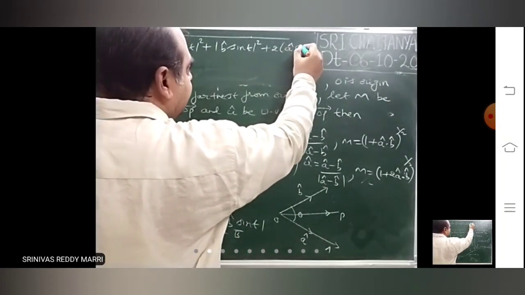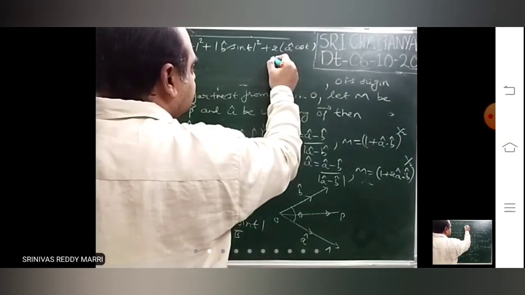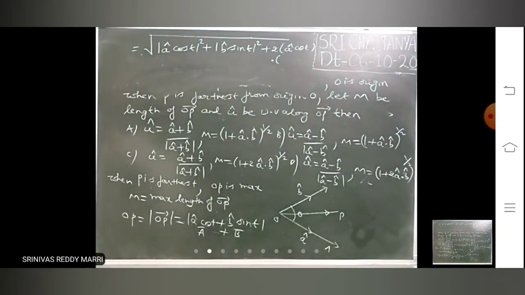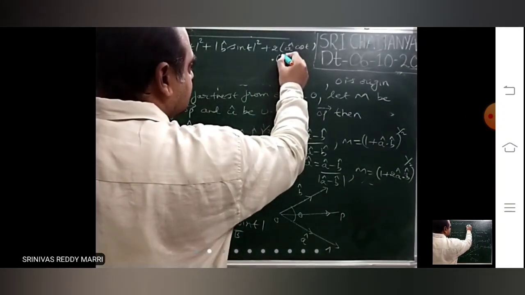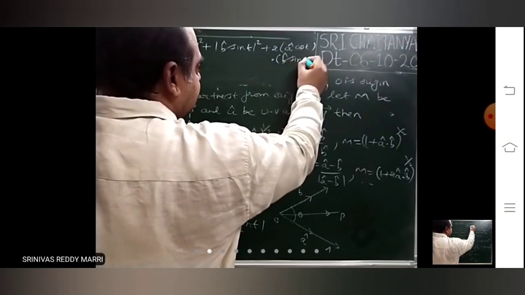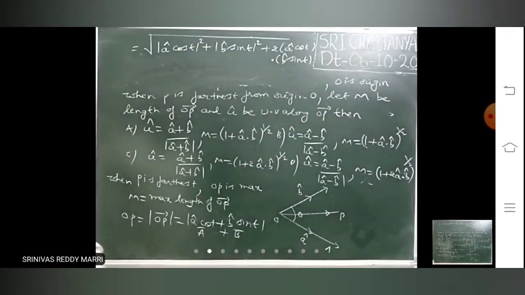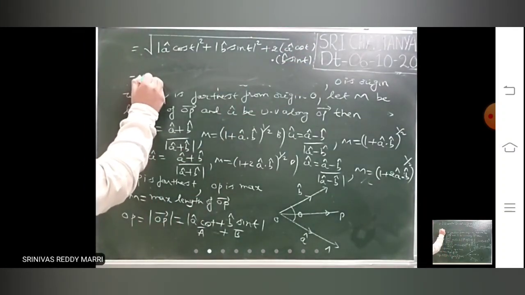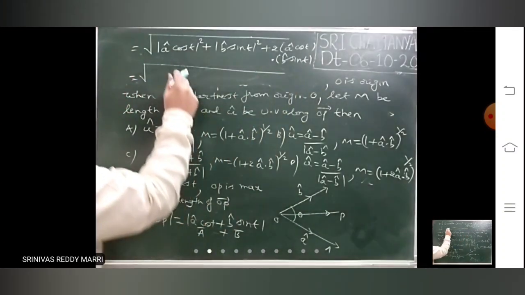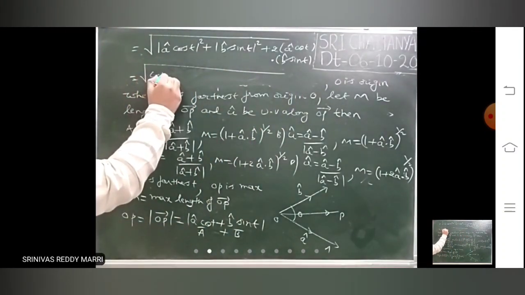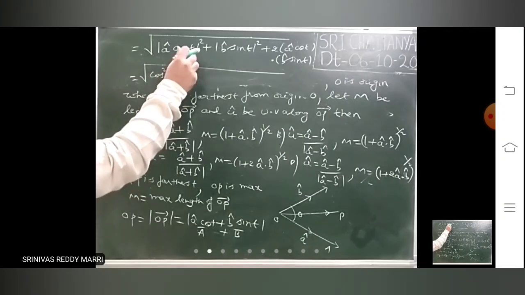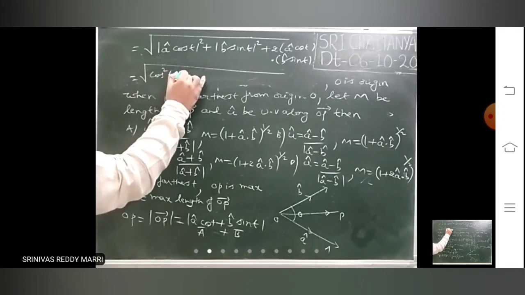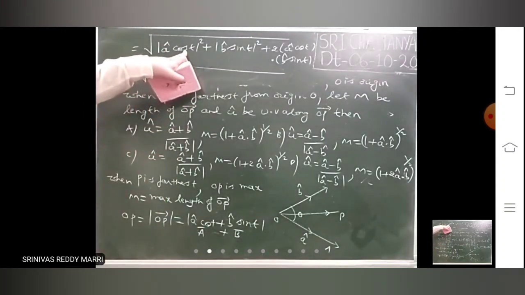That means A cap cos t dot B cap sin t. So 2 into A bar is this, B bar is this. Therefore, you will get root of cos square t, cos t whole square into modulus A cap whole square, which is 1. So this is constant.